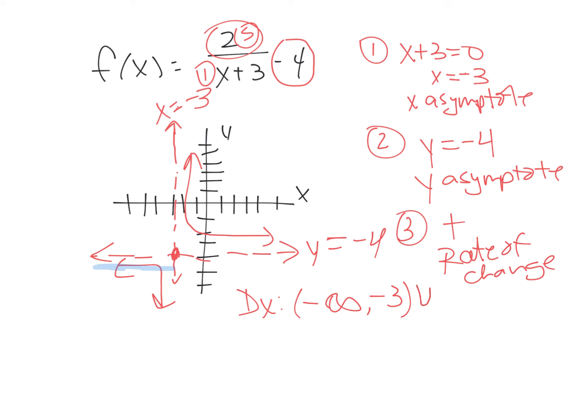Then we're going to do the union, and then it's going to go from -3 to positive infinity, right? So it hits that barrier, and then it starts back up here, and it goes to positive infinity.